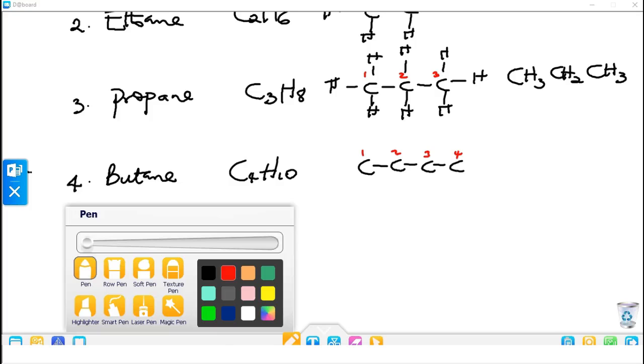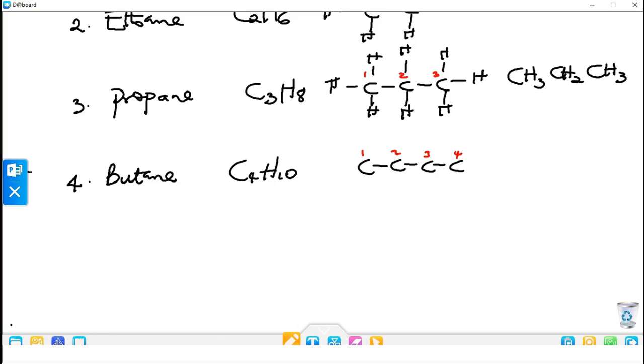So it implies that carbon 2 and carbon 3 both have 2 bonds, because carbon 2 is already bonded to carbon 1 and carbon 3, and carbon 3 is already bonded to carbon 2 and carbon 4. But carbon 1 is only bonded to carbon 2, so it has 1 bond. And carbon 4 is bonded to carbon 3, making it have only 1 bond.